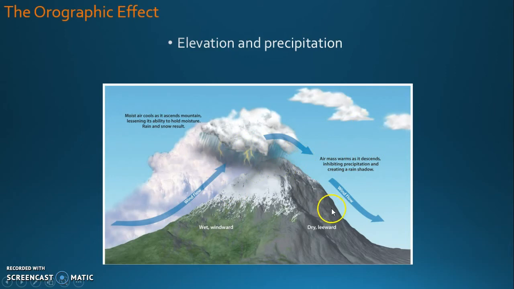The back side of the mountain tends to be dry. We see that here in California, for instance, the Sierra Mountains, our main mountain range. The western side of the mountains is a lot wetter than the eastern side, because that's the side that is facing the wind flow.